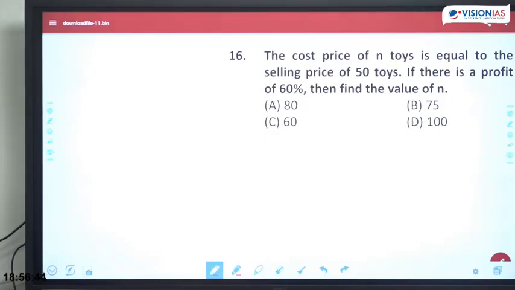Try this question. One answer I am getting as A. Okay.